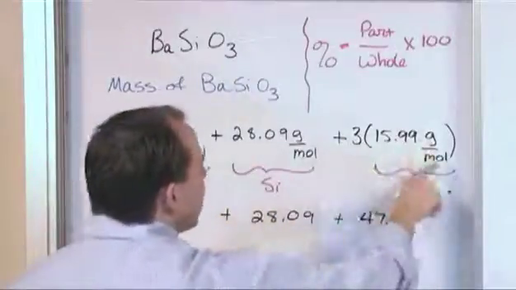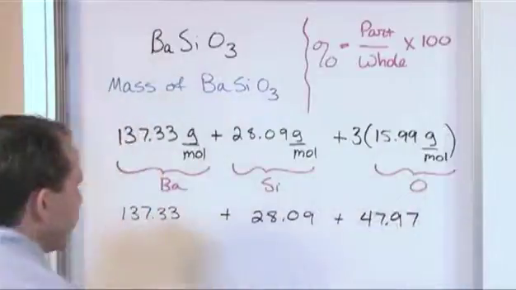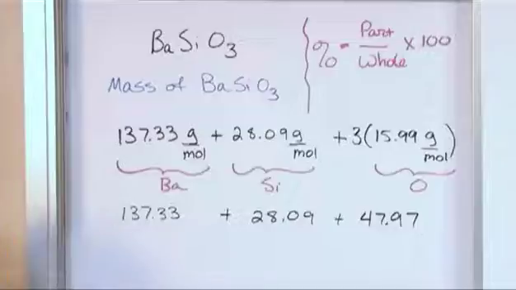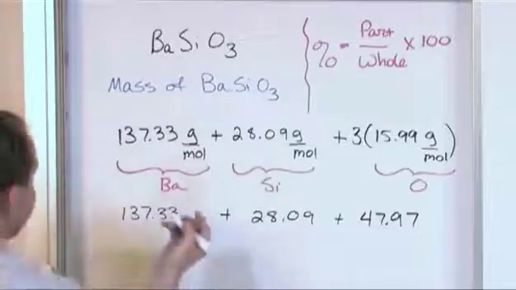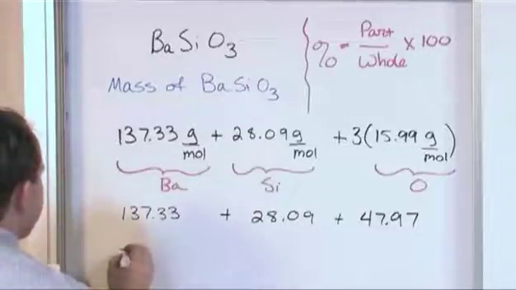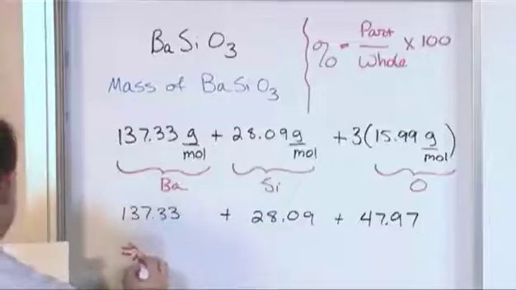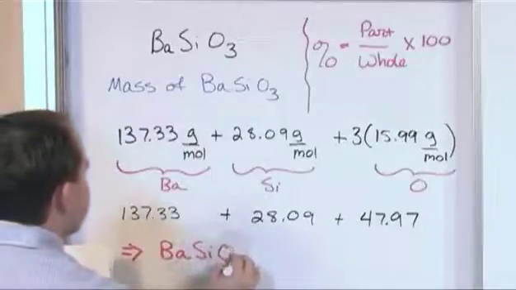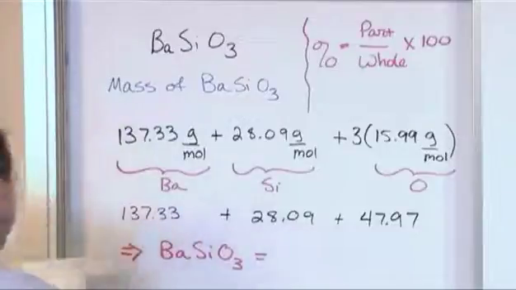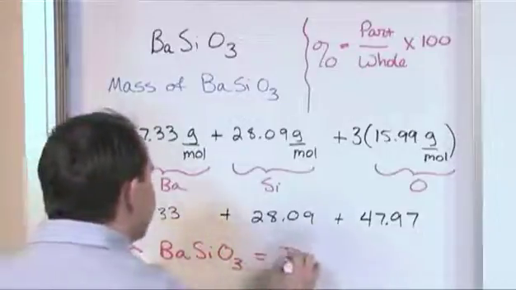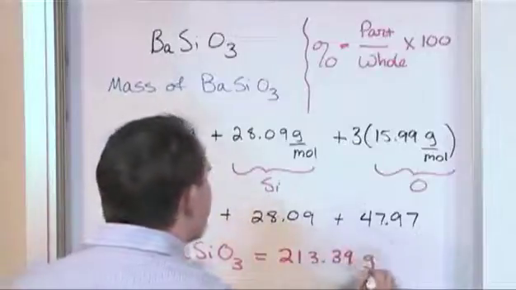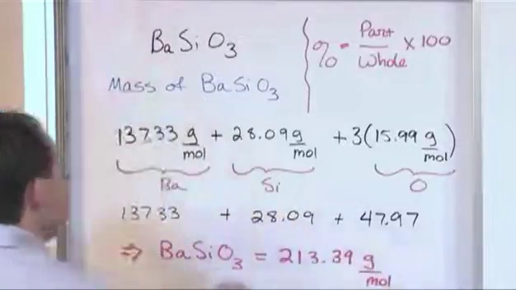So the total amount of oxygen in there has this many grams per mole. All right, so the answer that we get here, which is not the answer to our problem, it's an intermediate step, is, what we're saying is that barium silicon oxide has a mass equal to 213.39 grams per mole.